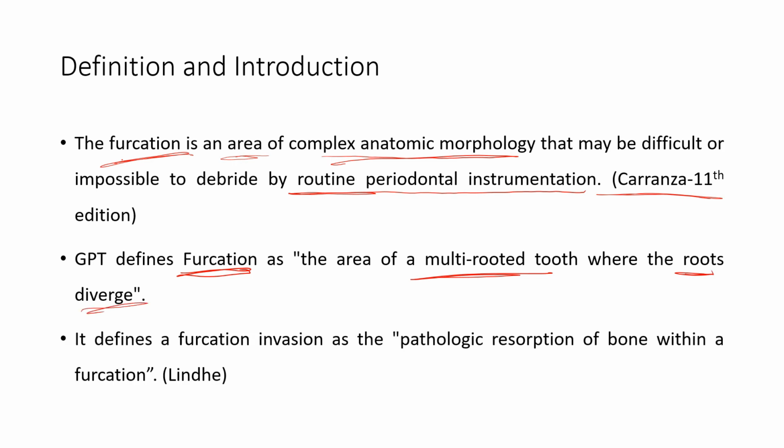And third, Lindhe gave the definition of furcation invasion or furcation involvement. This is the pathological resorption of the bone within the furcation. So when any kind of pathologic process or disease invades and leads to the resorption of the bone in the furcation area, then such a process is known as furcation involvement.